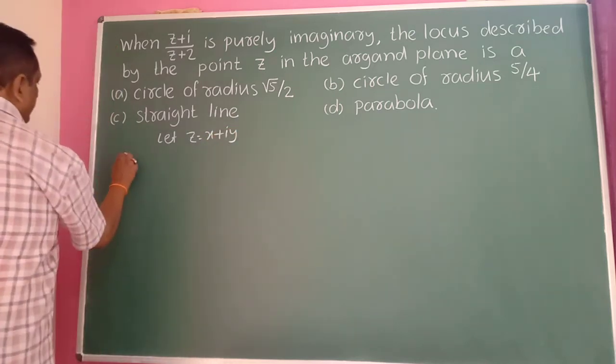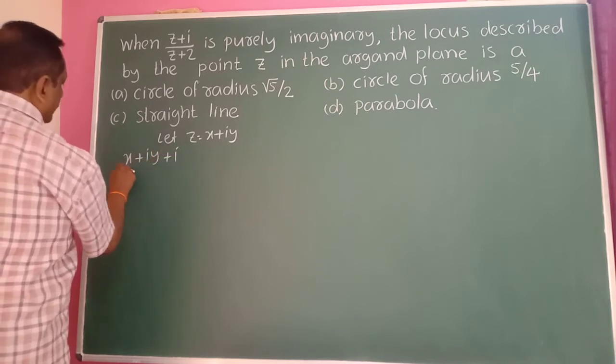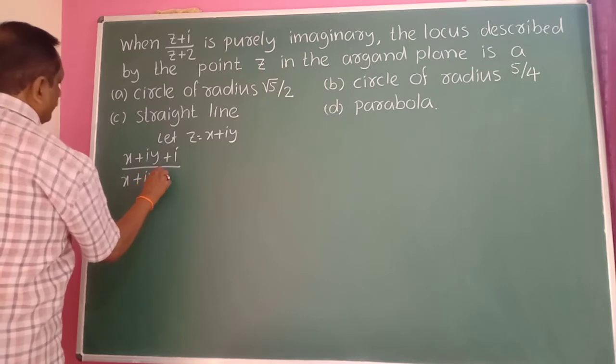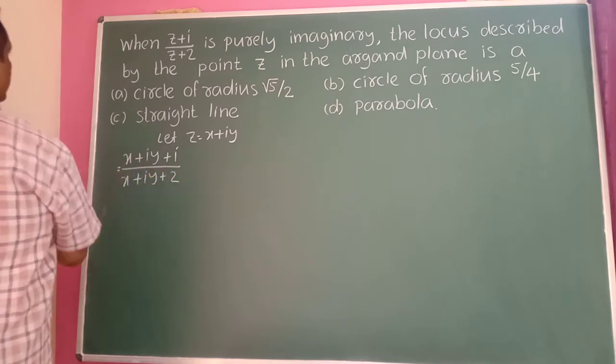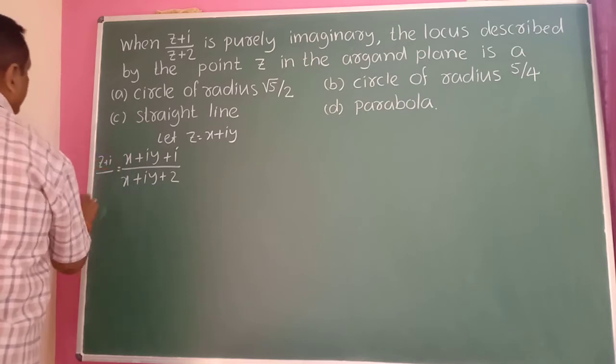Hence, (x plus iy plus i) divided by (x plus iy plus 2). So it is (z plus i) divided by (z plus 2).